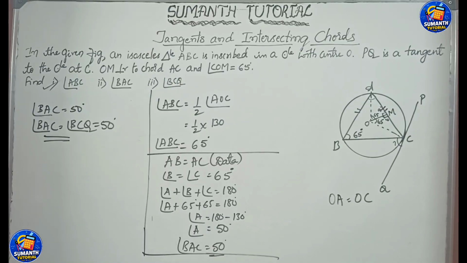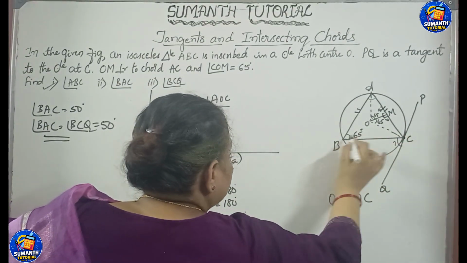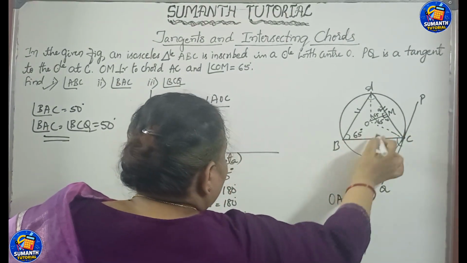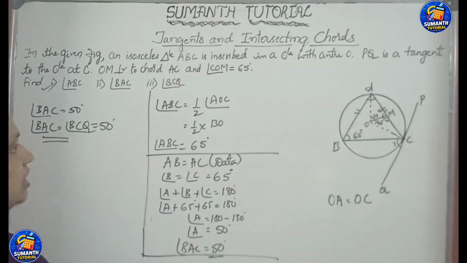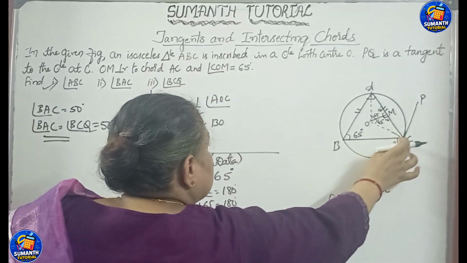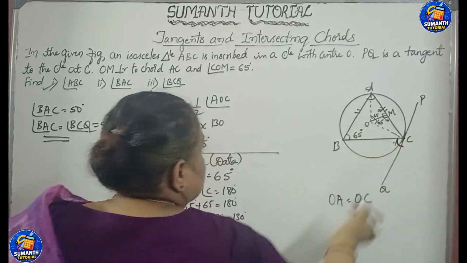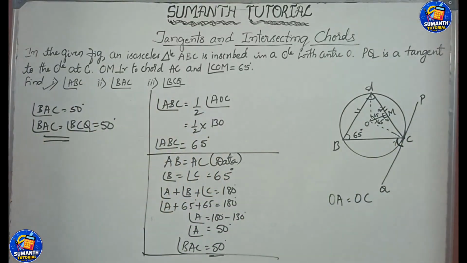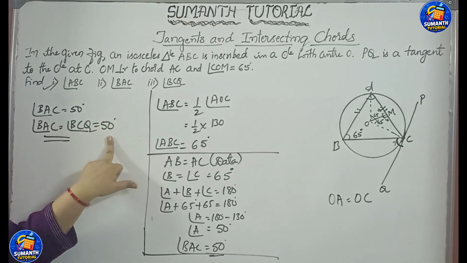Because it is based on the rule that angle formed by a chord, nothing but BC is a chord here. So by this an angle is formed at A is equal to the angle formed by the tangent here, nothing but the angle formed by the tangent. So as both are equal, we can write the angle as BCQ also equal to 50 degree. This completes this problem.